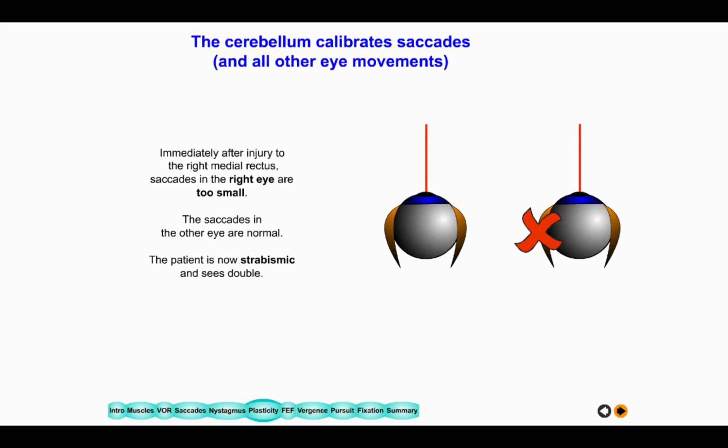Let's say for some reason this muscle here became weakened, or the signal to it got disrupted, and so it moved, let's say, half the distance it should. Okay, if that happened, you'd become strabismic. You would see double. When your eye landed on a word, you would see two different words. So if you're looking around the room and your eye landed on a face, you'd see two faces.